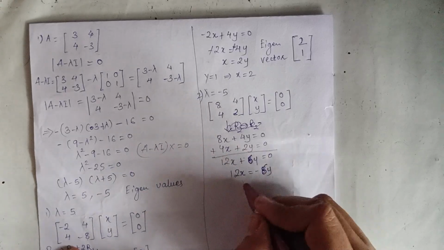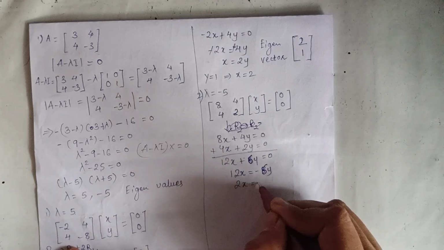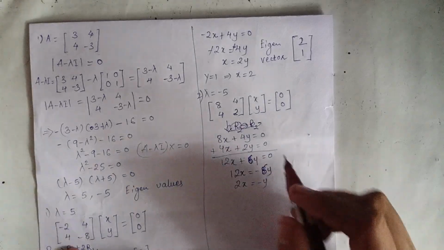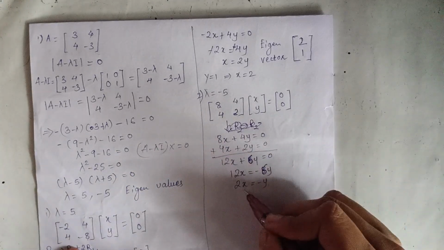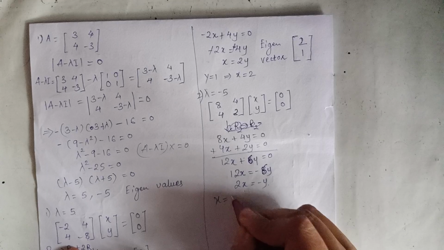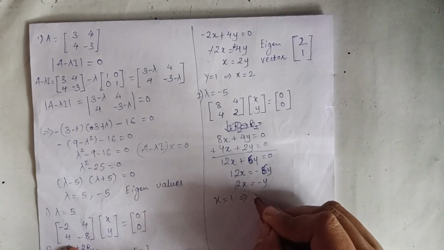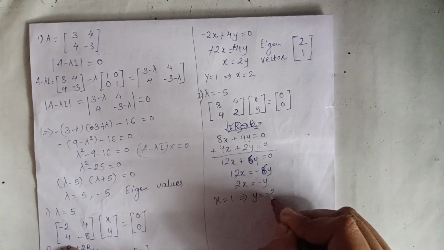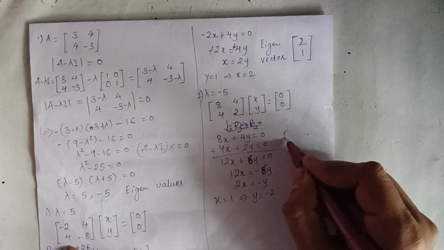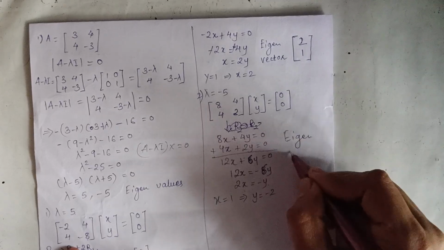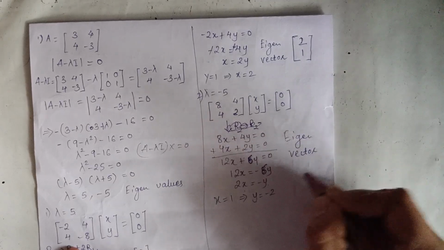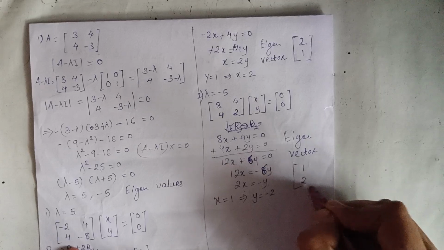Sorry. So this will be 2x equal to minus y. Okay. Again, you can take the values. If you take x equal to 1, you will get y equal to minus 2. Okay. So the eigenvector is 1, minus 2.